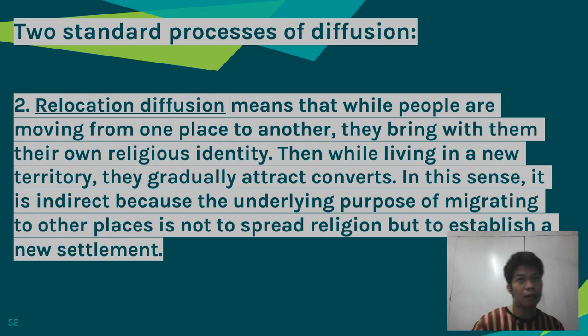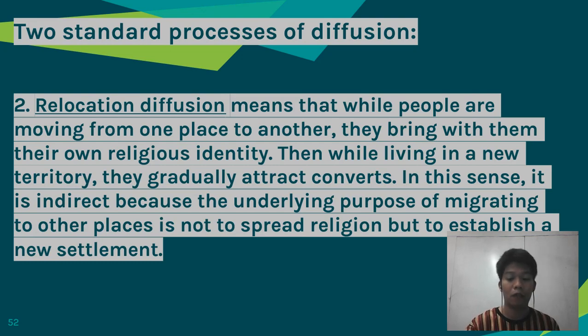Okay. Migration, as we have discussed earlier, is one of the ways to spread a religion when people migrate or move from one place to another. So moving from one place to another, bringing the religion and influencing the people who live in the community where they transferred.